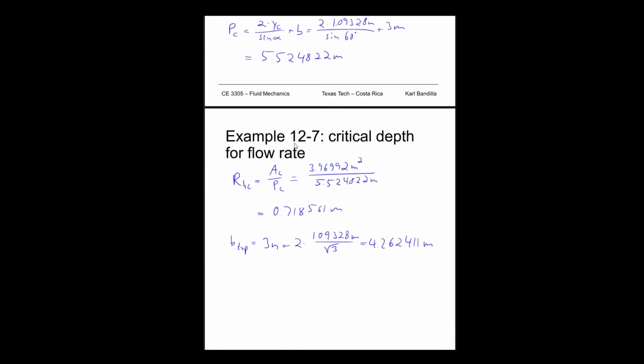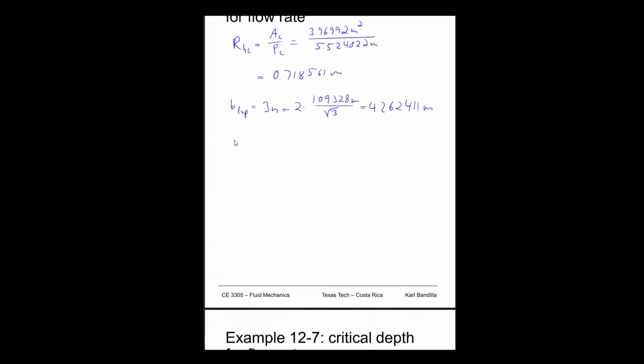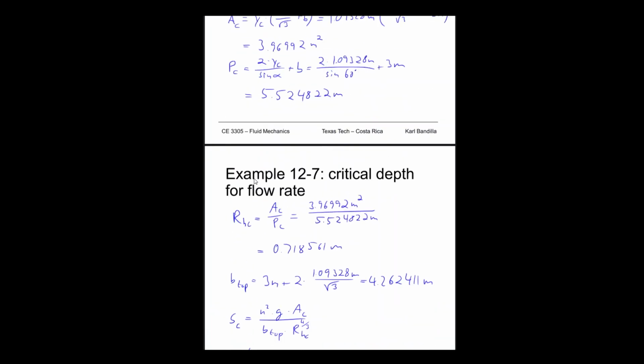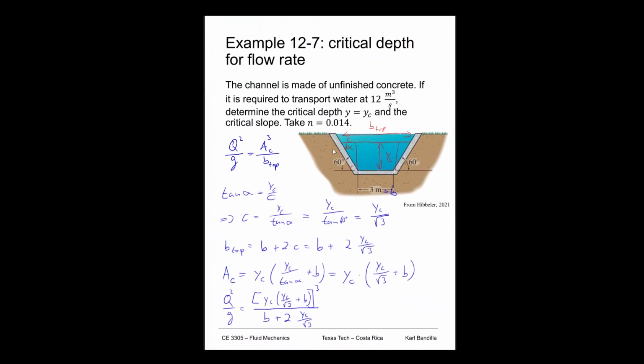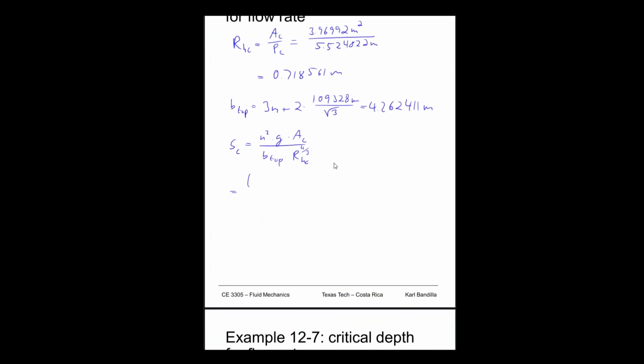And with that, we can go back to our equation up here and plug everything in. Let's write it down one more time: n squared times g times AC divided by b top times RHC to the 4/3. We're given n as 0.014. Now, the units of this is a little strange, but we'll put them in so that we can check our units.